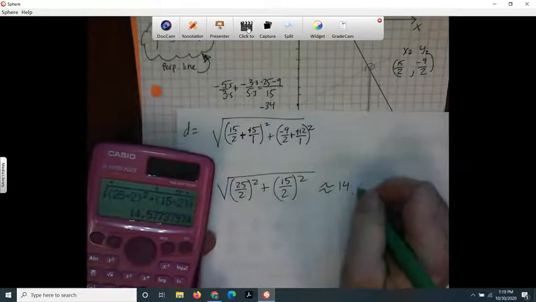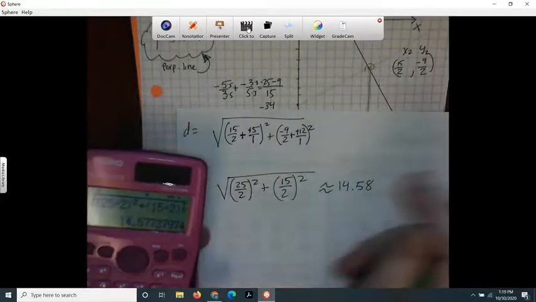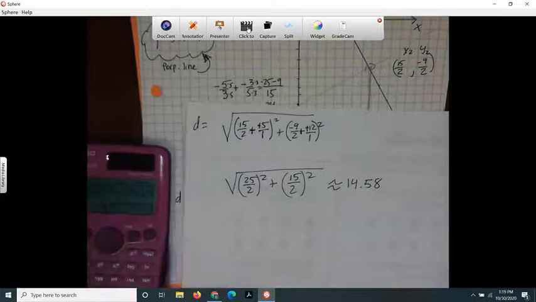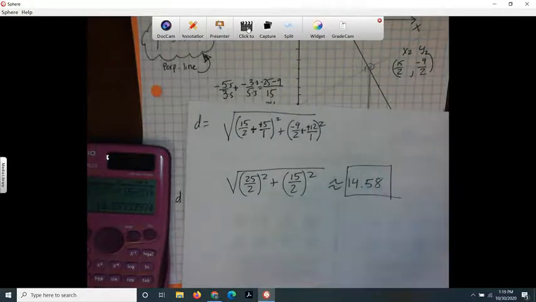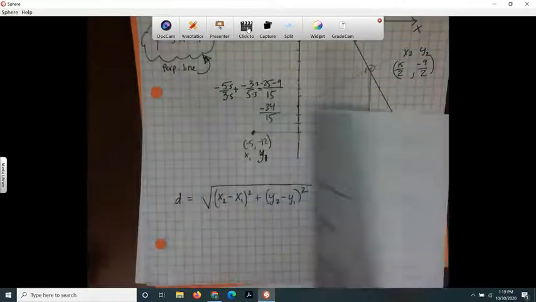Okay, I got about 14.58. And so you can imagine why I would want this to be the focus problem, because I want to make sure that you guys understand how to do algebra and that you can actually do it.